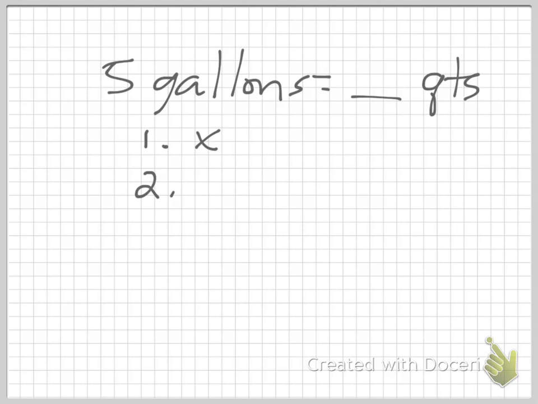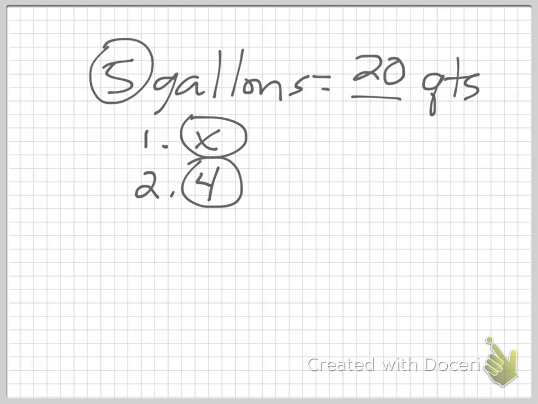How many quarts are there in a gallon? 4. So you take what you have, 5 gallons, and you multiply it by 4. So 5 times 4 is 20. Difficult? No. Not difficult for real.